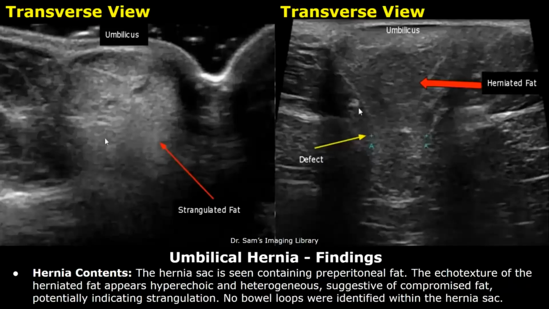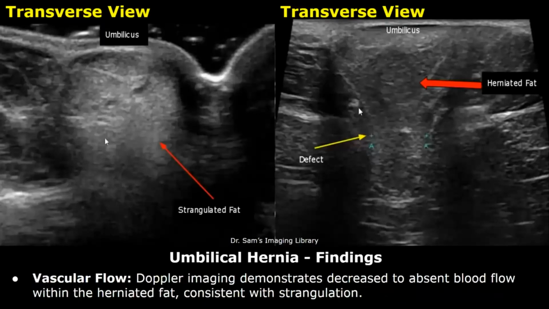Hernia contents: the hernia sac is seen containing preperitoneal fat. The echo texture of the herniated fat appears hyperechoic and heterogeneous, suggestive of compromised fat, potentially indicating strangulation. No bowel loops were identified within the hernia sac.